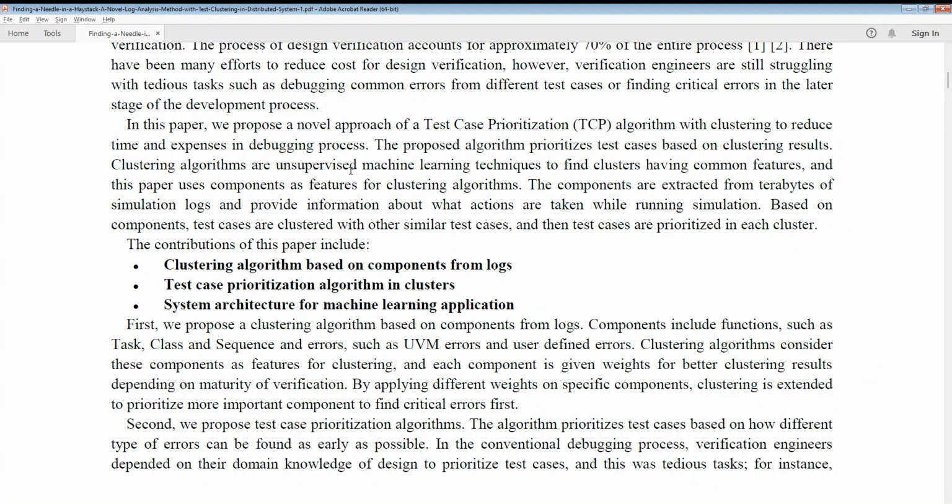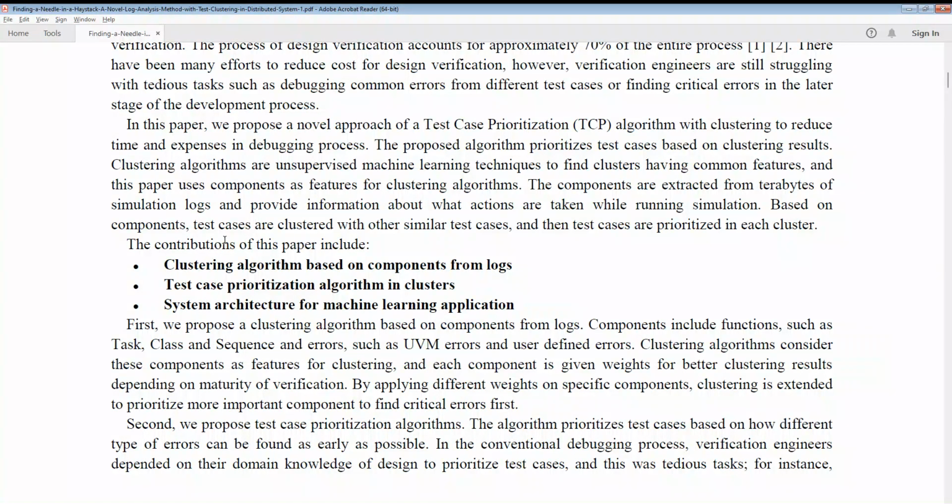The components are extracted from terabytes of simulation logs and provide information about what actions are taken while running the simulation. Based on components, test cases are clustered with other similar test cases, and then test cases are prioritized in each cluster.